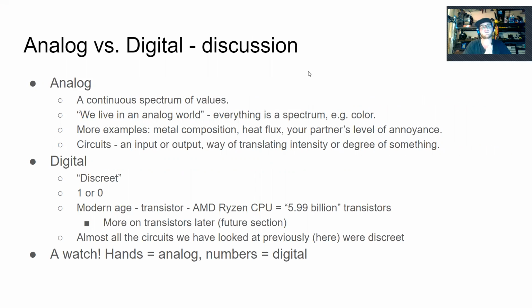So an analog value is a continuous spectrum. So it's infinitely divisible. You can keep going to higher and higher resolution. And the physical world around us is completely analog, right? So anything you encounter in nature has some extent of degree. A good example of this is color, right? The light wavelength is on a spectrum. It's a direct result of the photon frequency, right?